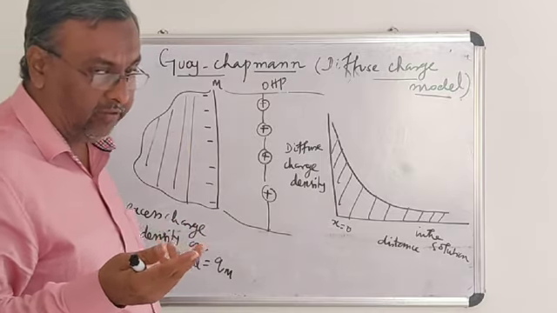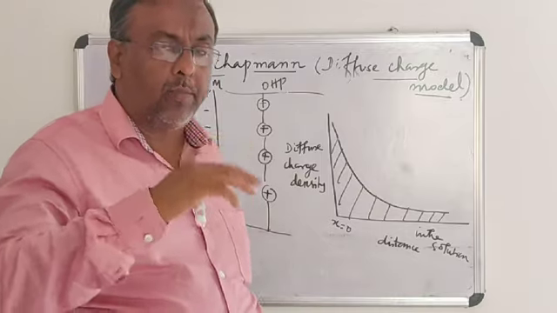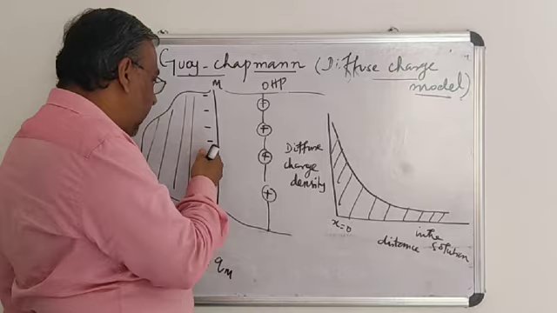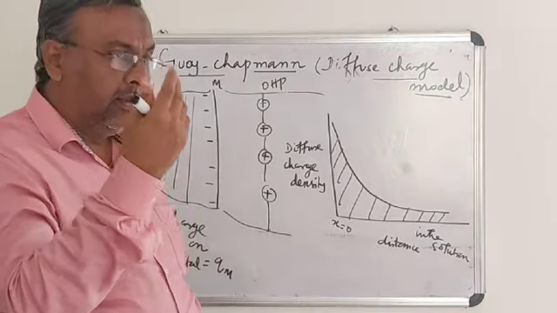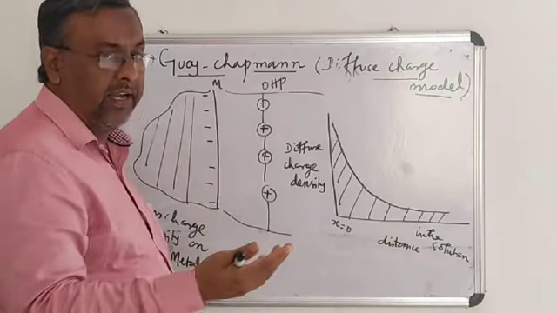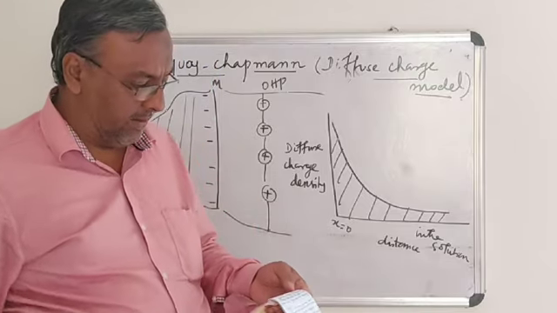Interionic attraction means there will be an oppositely charged attraction taking place. For example, if there is a negative charge over the electrode plate, the positive ions in the primary layer or secondary layer get attracted due to interionic attraction.